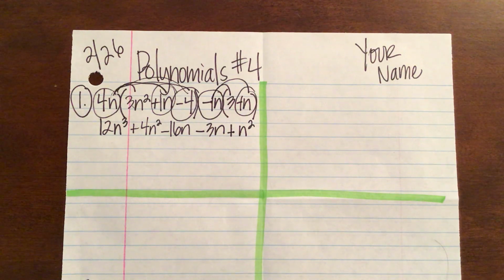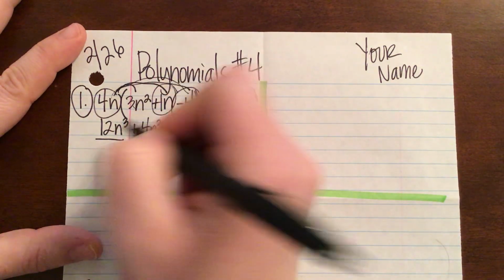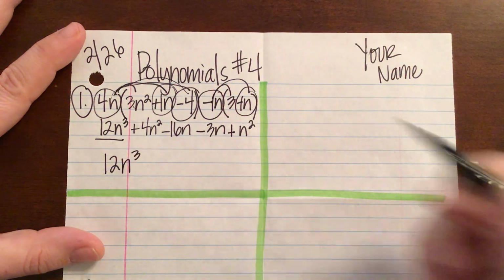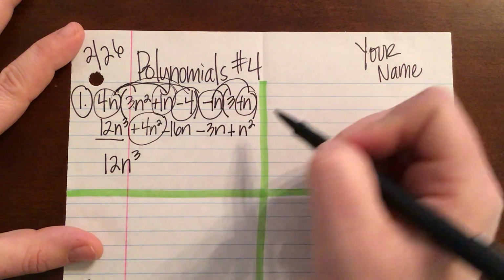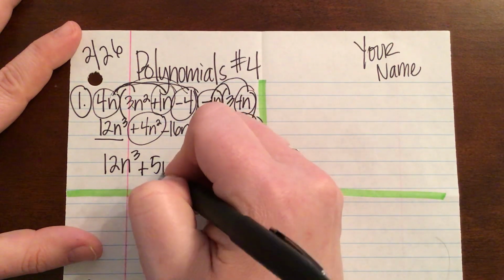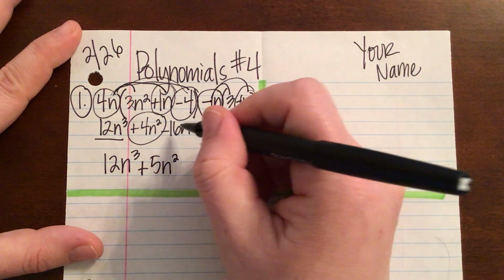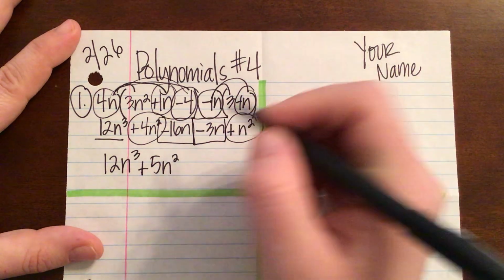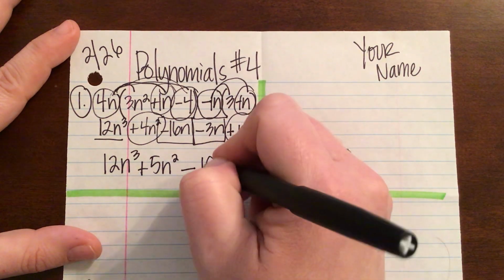Now that we've done that, we go through and combine like terms and write it in standard form. Largest exponent, 12n to the third, positive 4n squared plus 1n makes positive 5n squared, and negative 16n minus 3n is negative 19n.